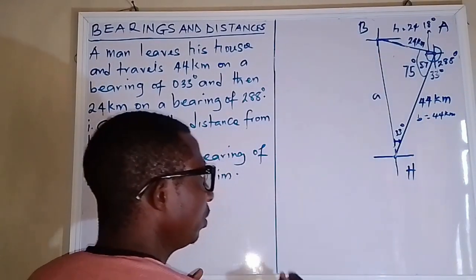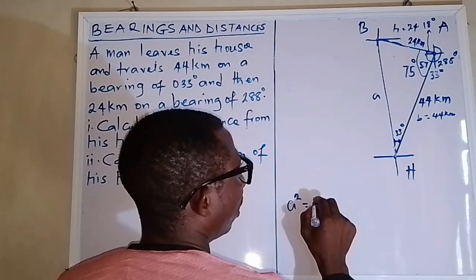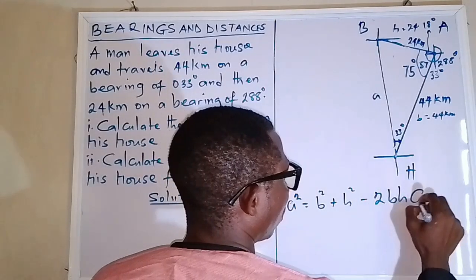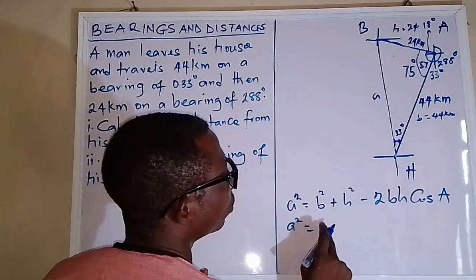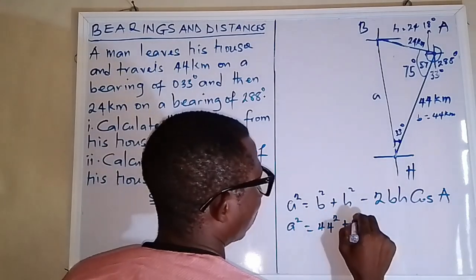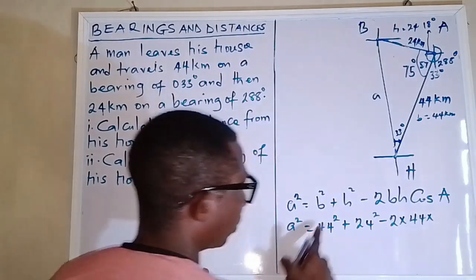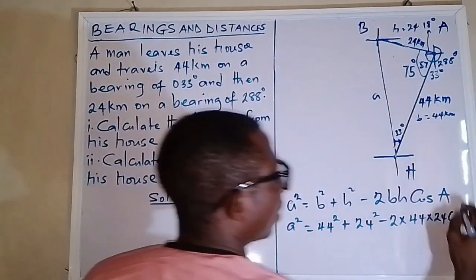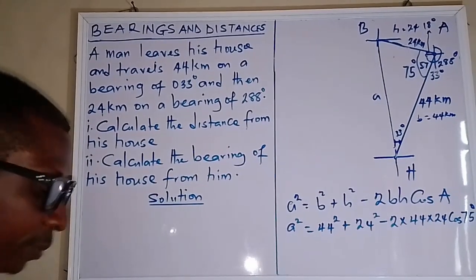To find length AB, we have A squared equals B squared plus H squared minus 2BH cos A. A squared equals 44 squared plus 24 squared minus 2 times 44 times 24 cos, what is angle A? 75 degrees.